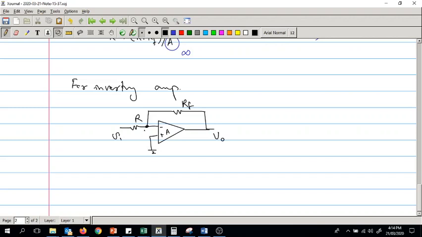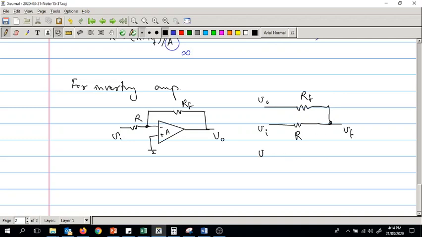So what we need to do is to find out what VF is. So in here we have some resistor division, right? This is our VF. This is RF, we have V out, this is R, this is VF.